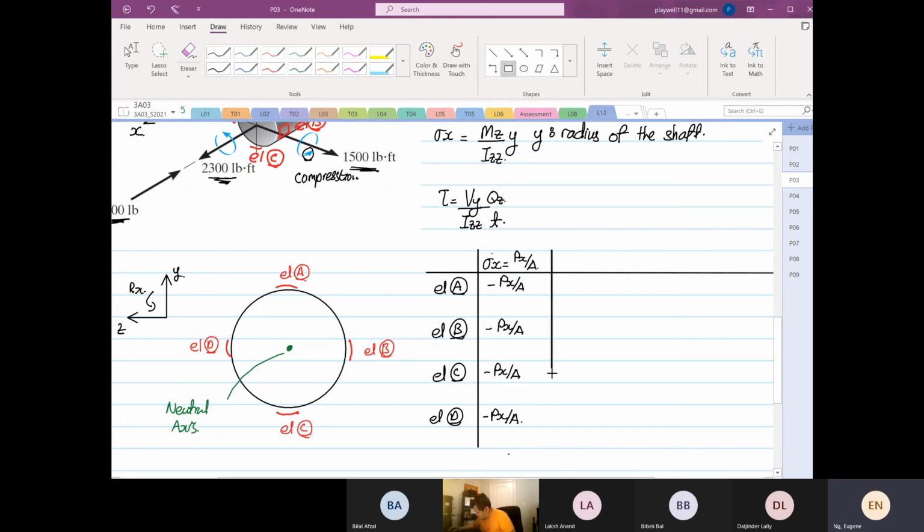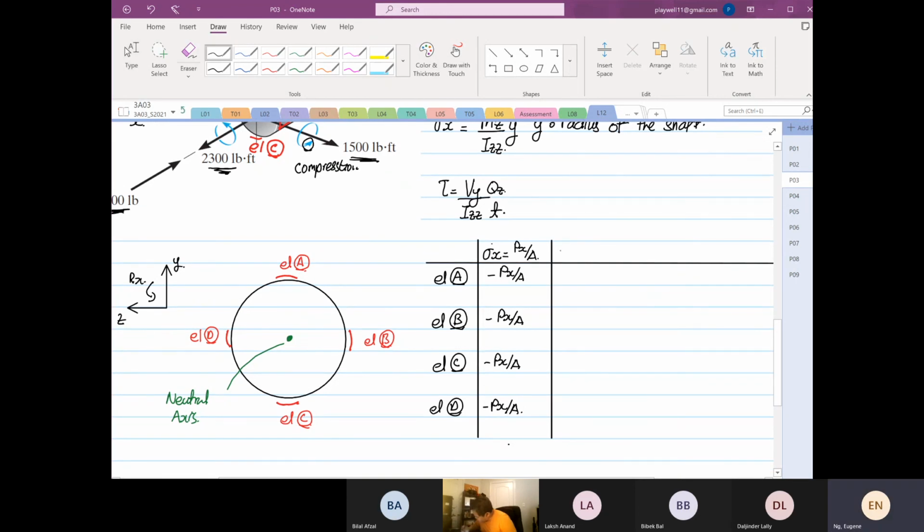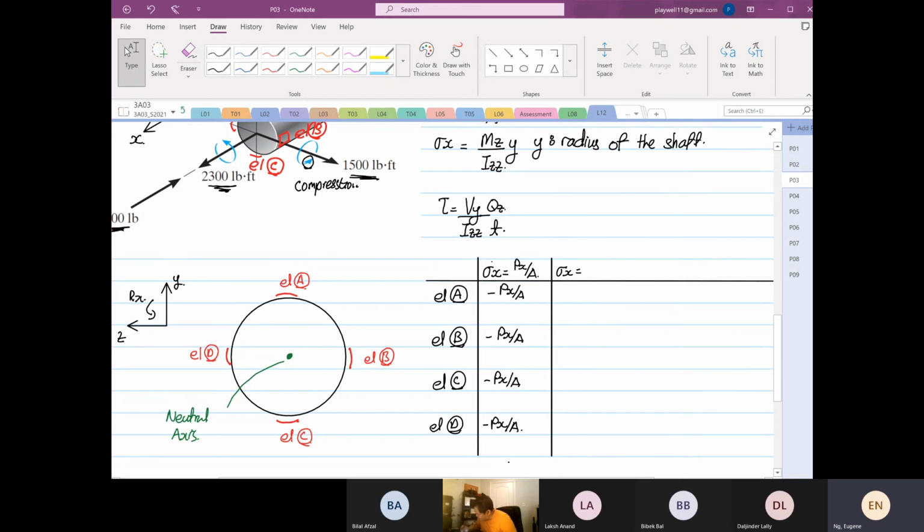we're going to look at stress X. Now this one is going to be equal to Mz over Izz multiplied by y. So we know that the moment, the arrow is going this way, right?